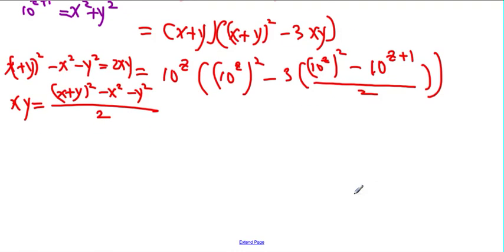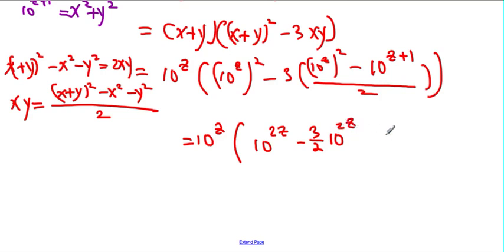So then let's see what happens. Here is equal to 10 to the z power, and then parentheses 10 to the 2z. And then here we end up getting negative 3 over 2 10 to the 2z, and then plus 3 over 2 10 to the z, and then plus 1, then it becomes times 10.